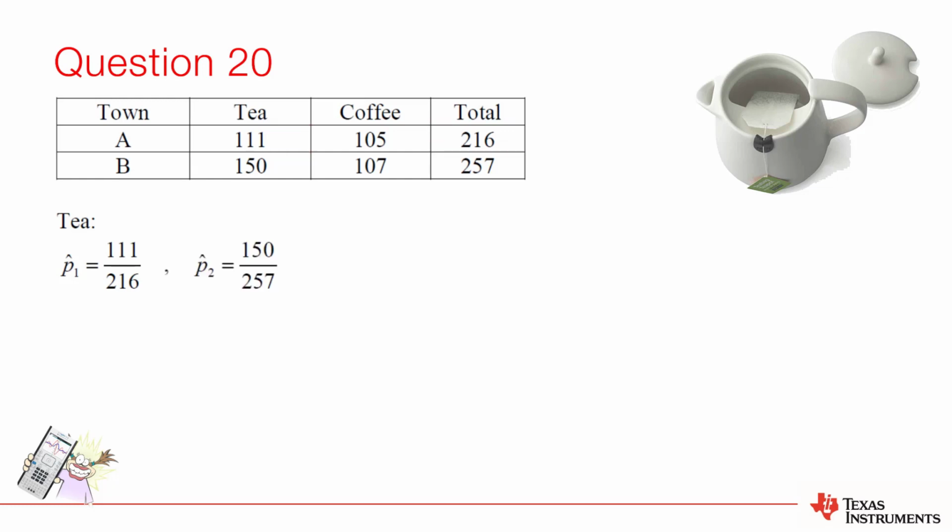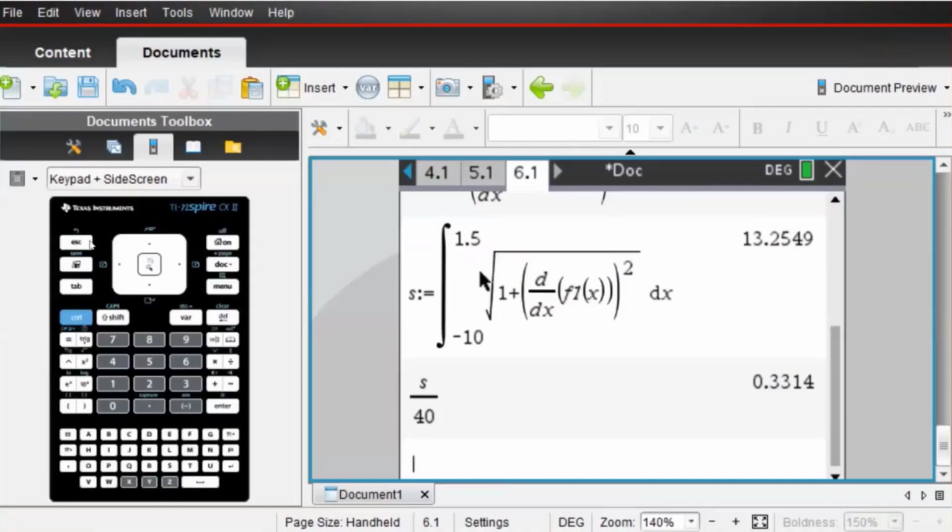P2 hat will be 150 out of 257 for town B, and for 99% the z value is 2.578. N1 and N2 are 216 and 257. All right, so let's try to work out this confidence interval on our calculator and see if it does or does not contain the value of 0.